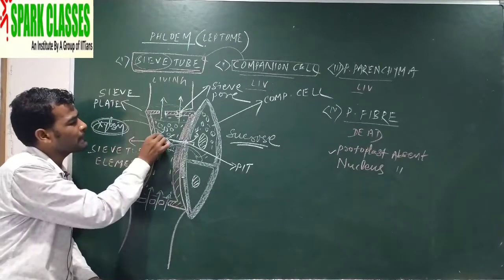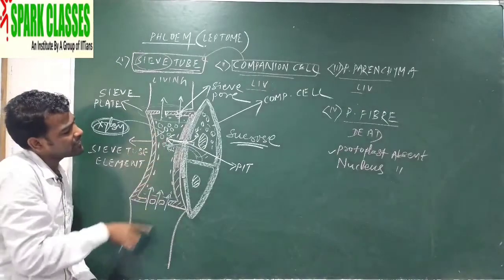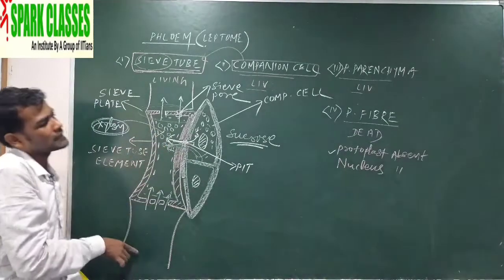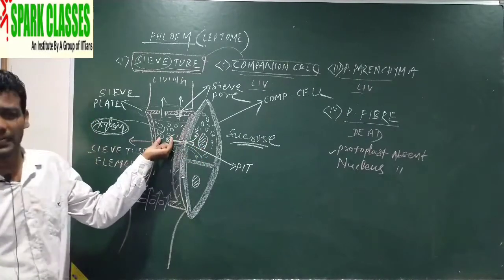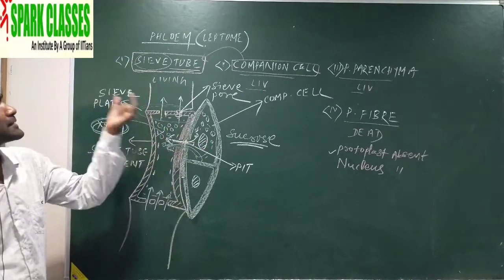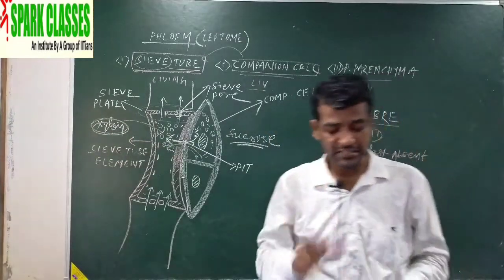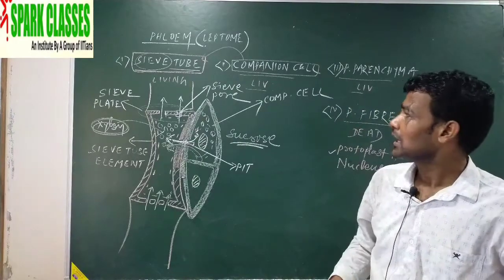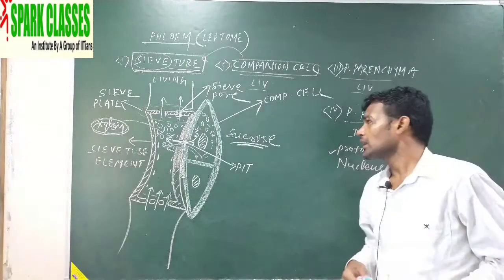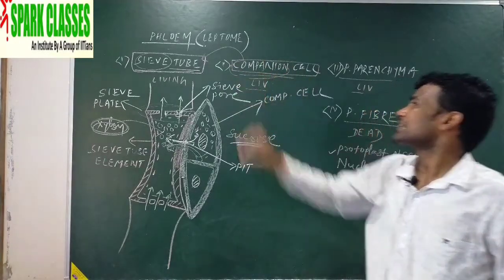Due to high pressure at one point and low pressure at the other, there is a difference in pressure, which is called a pressure gradient. So the companion cell maintains the pressure gradient in the sieve tube. The sieve tube cannot maintain the pressure gradient itself. The pressure gradient of the sieve tube is maintained by the companion cell. So sieve tube and companion cell are completed.